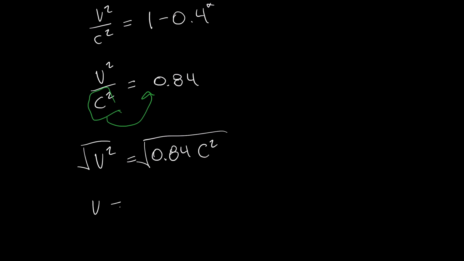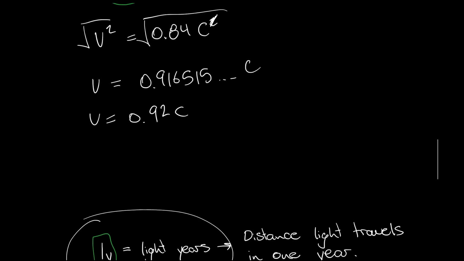On this side you get V. This square root cancels this here, so the square root just applies to the 0.84, and what we get is 0.9165, whatever, c. Or we can round this down to 0.92c. Boom.